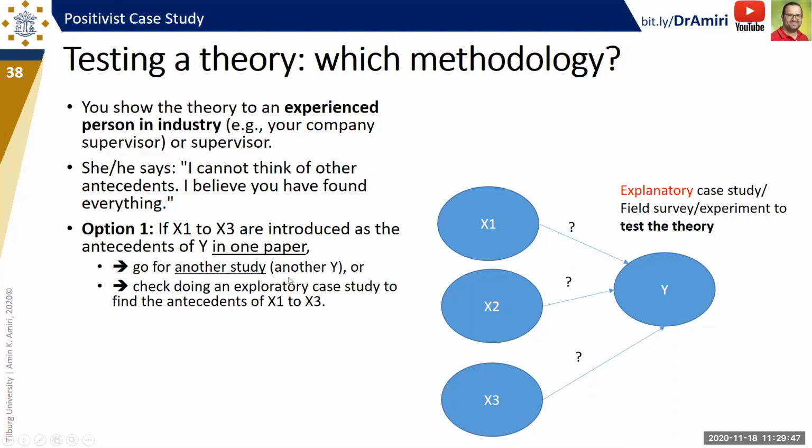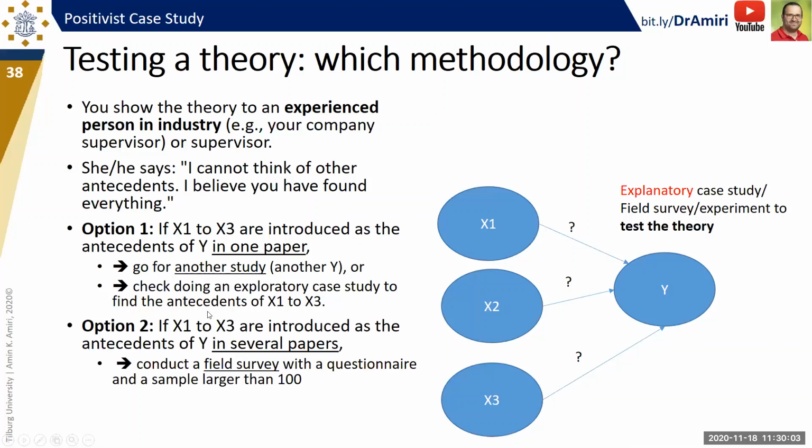Or you can try to figure out some antecedents of X1, X2, and X3 if you haven't found them in the literature. But if you have found them in different papers, then you're good.